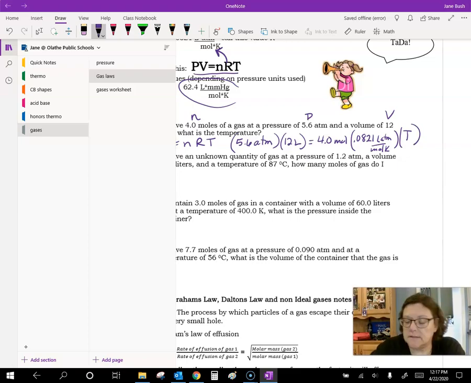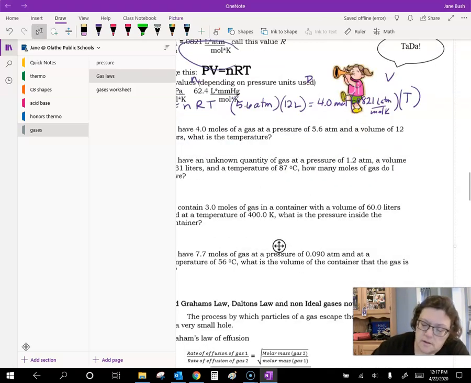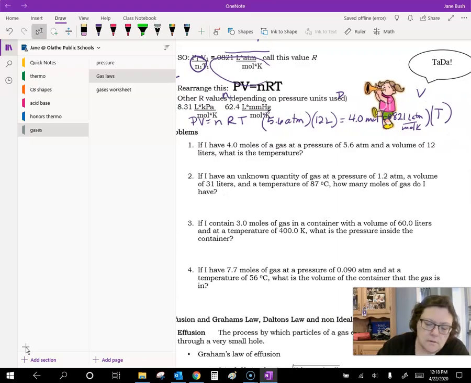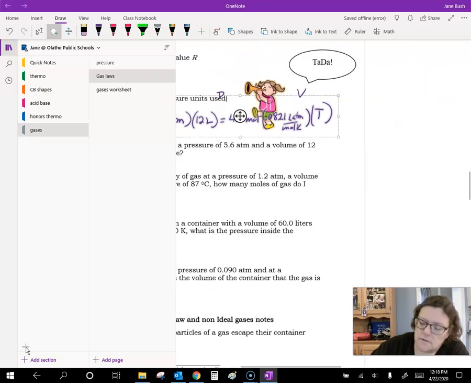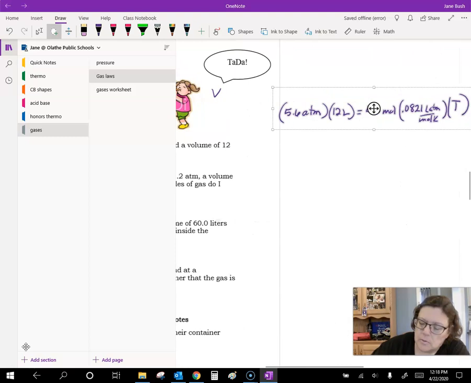How do I get T by itself? I'm going to move this over here.